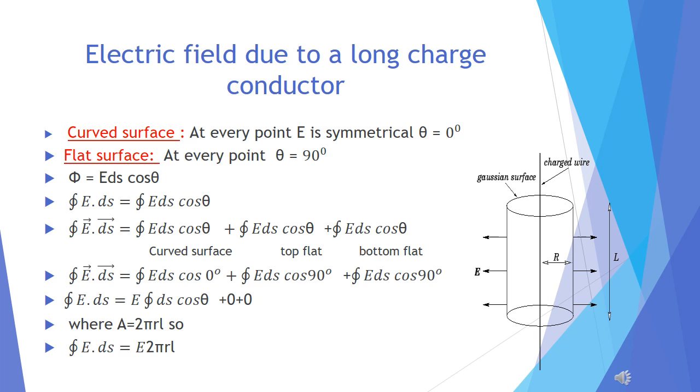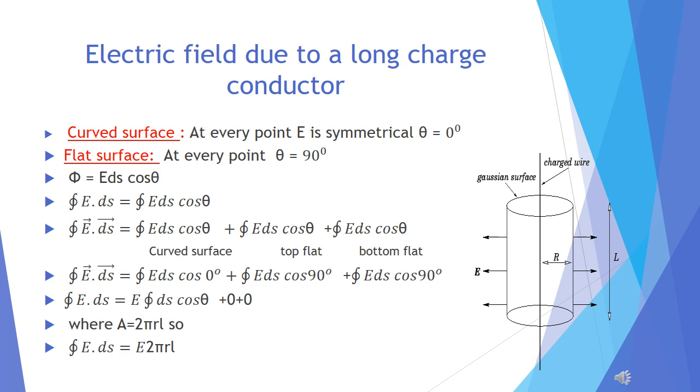So now we consider the curved surface. It does have symmetry. At every point the electric intensity is symmetrical, r is the same, and theta is 0 degrees.